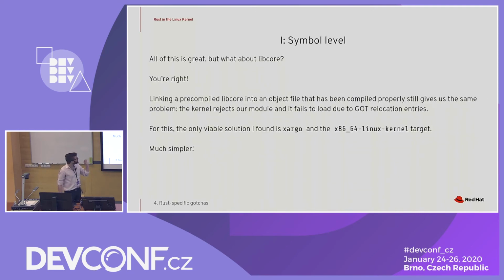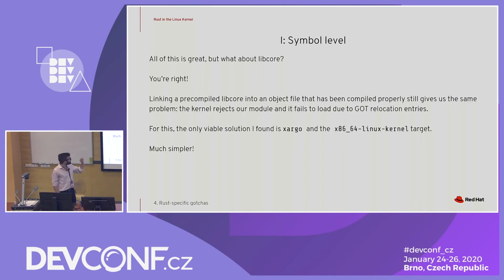Now, all of this can kind of be avoided and really has to be avoided because of libcore. So when you're building normally with Cargo, the native build system, what it's going to do is link in a pre-compiled libcore for you. And when you do that, then essentially you don't have any control over what options that's actually been compiled with.